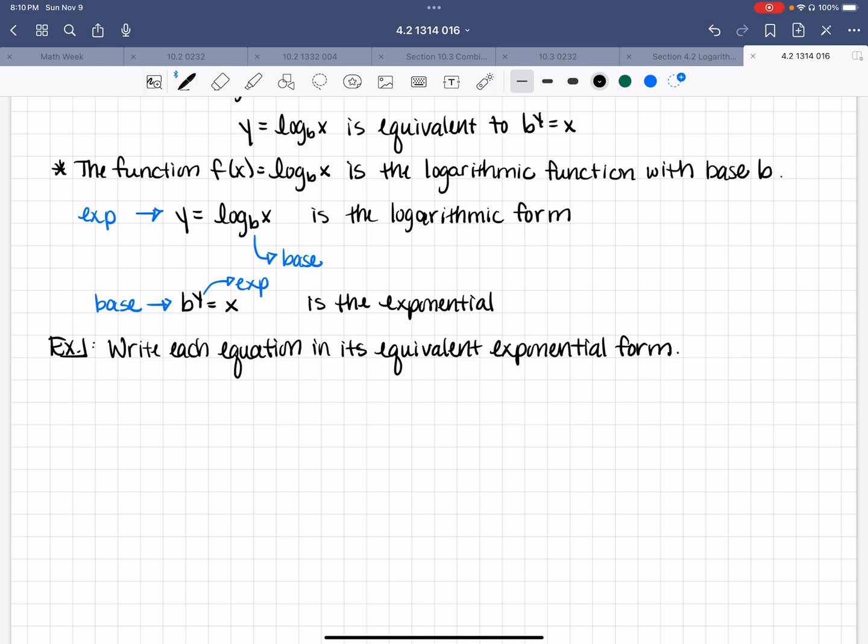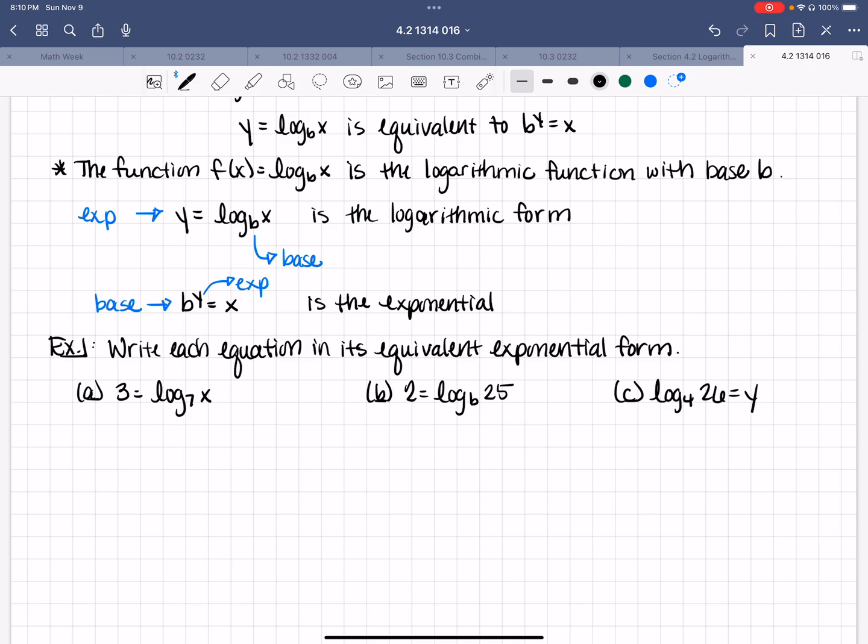Okay, so A says 3 equals log base 7 of x. B, we have 2 equals log base b of 25. And C, we have log base 4 of 26 equals y.